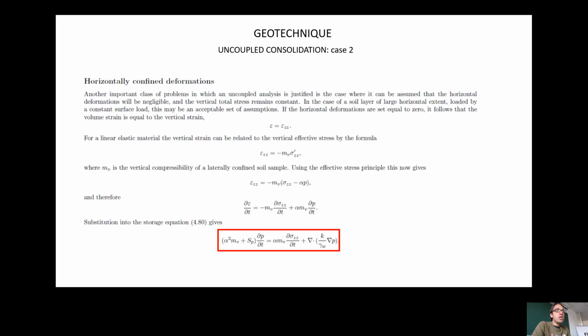And if the horizontal deformations are set equal to 0, it follows that the volume strain is equal to the vertical strain. So epsilon x and epsilon y are 0.